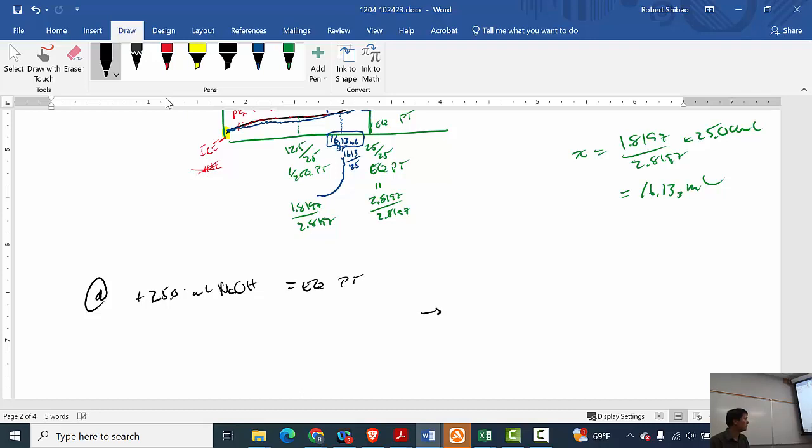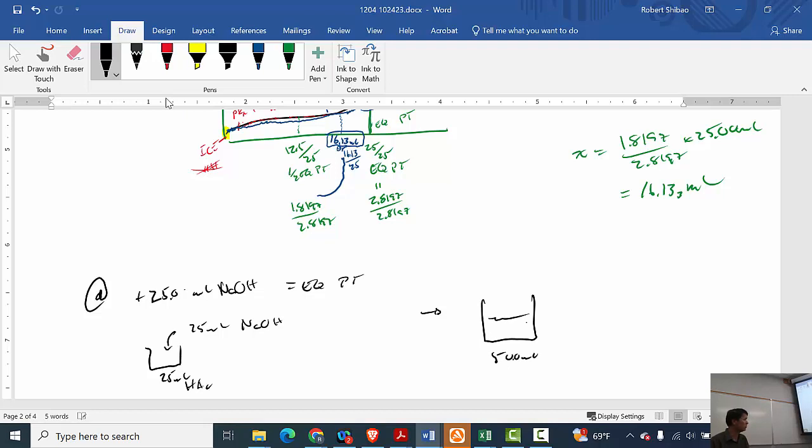The first step is solution dilution. So we have our 25 milliliters of acid, and we're going to add to this 25 milliliters of sodium hydroxide. To 3 sig figs, we're going to end up with 50.0 milliliters of mixture.